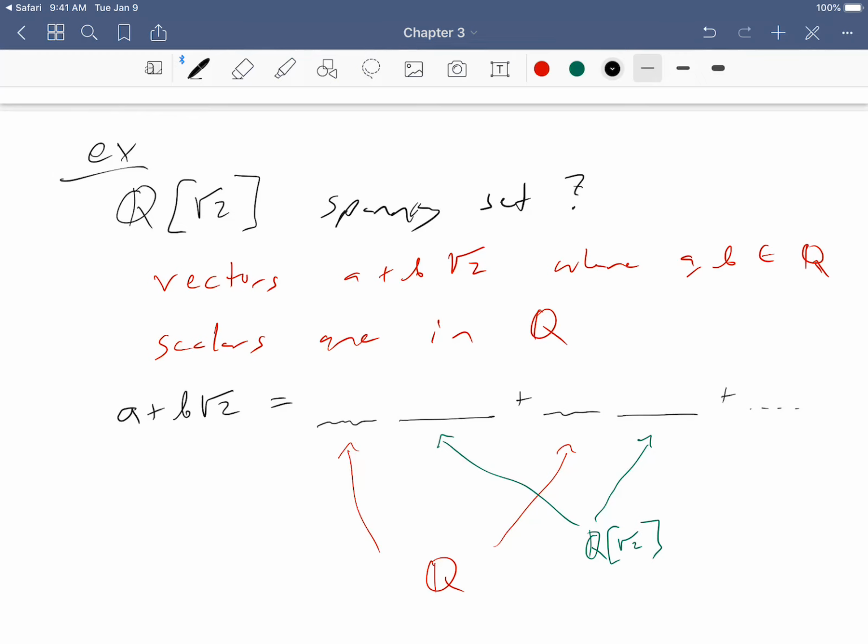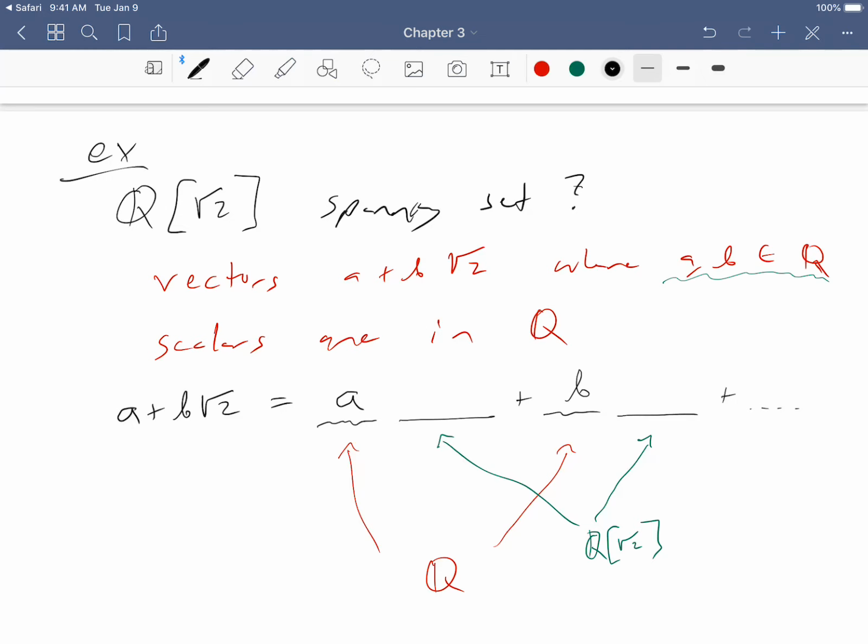Look at what we have that's already in Q. A and B are in Q, right? So let's just put those here. A, that's a fine scalar. B, that's a good scalar also. And now in the straight underline here, the green arrowed part, I'm trying to put some vectors that are going to be my building blocks.